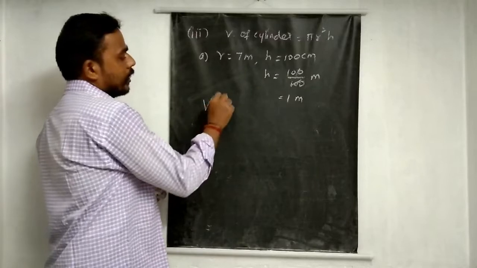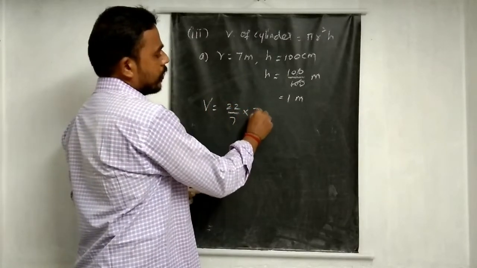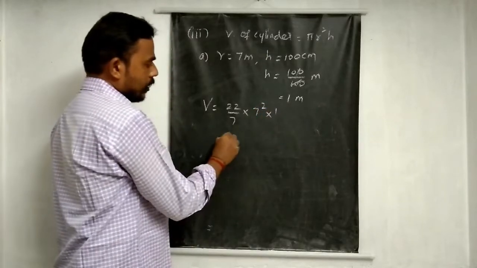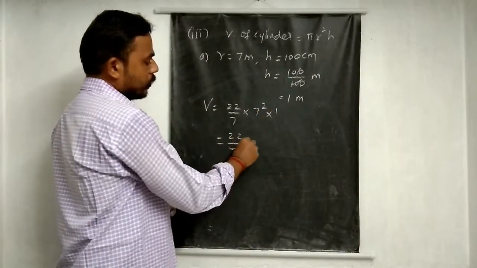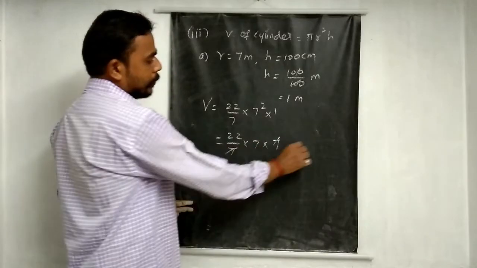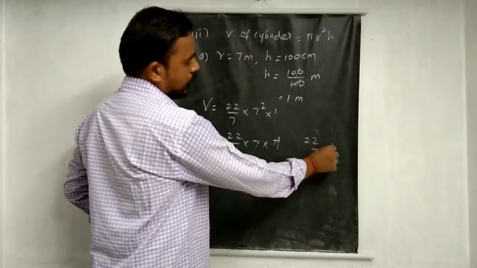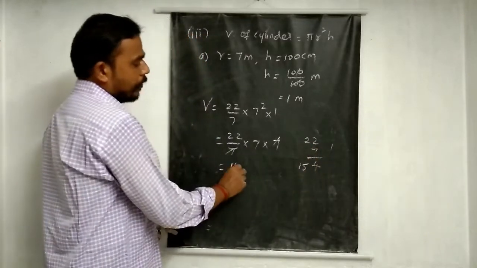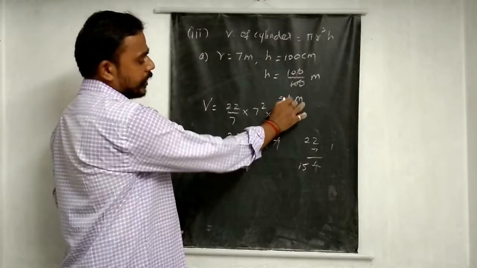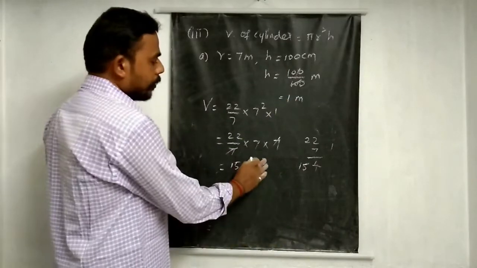So volume of cylinder equals 22 divided by 7 into 7 squared into 1. So 22 divided by 7 into 7 into 7 into 1. Cancel this. So multiply 22 and 7: 2 7s are 14, 2 7s are 14, so 154 meter cube.